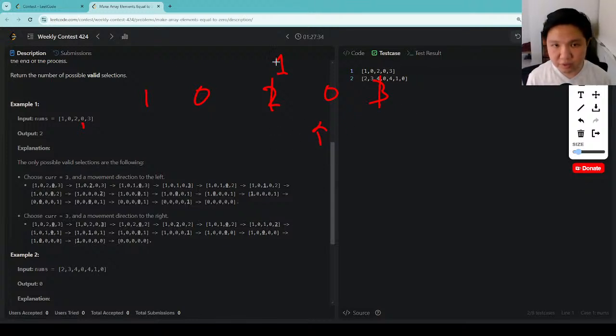When we hit a nonzero value, we change direction. This one becomes 2, and it goes back to here. This becomes 0, and then it changes direction to bounce to here. Becomes 1. And then it changes direction and bounces back to here. Oh, interesting. Okay.